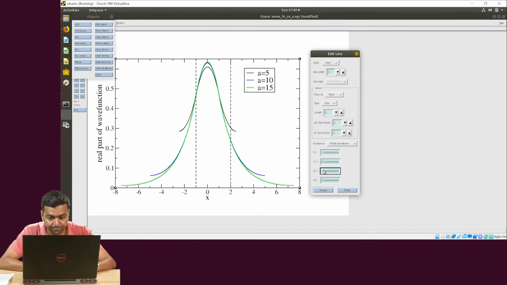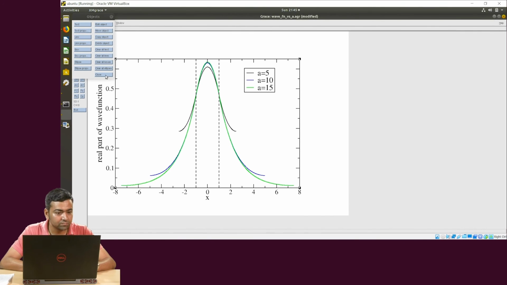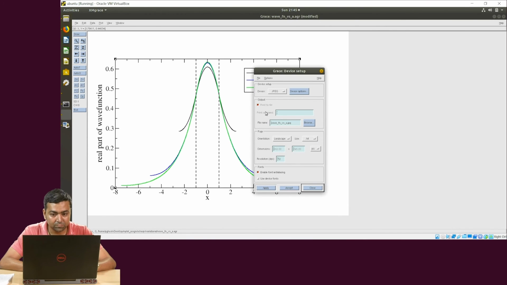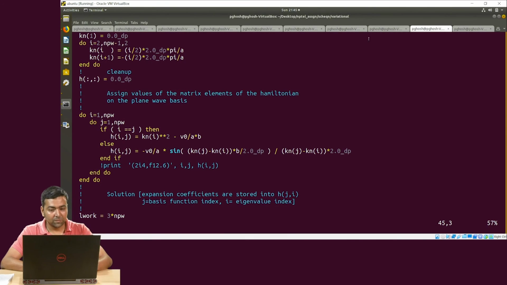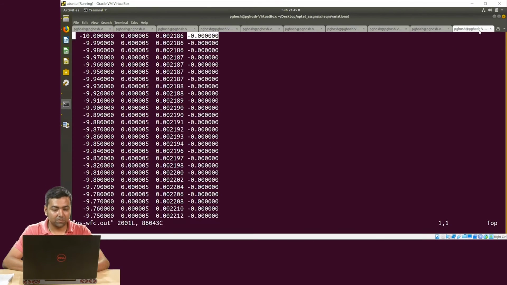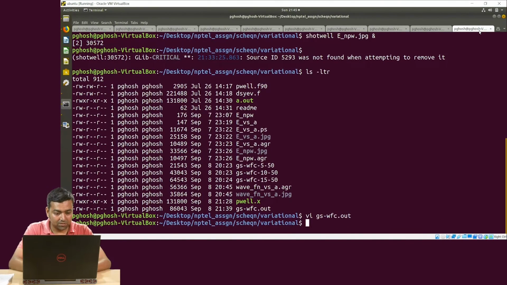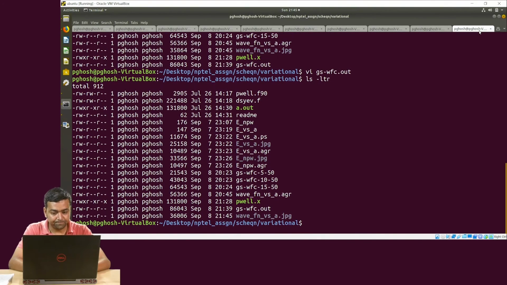Okay, let me just print it again, and see if the file has been created.